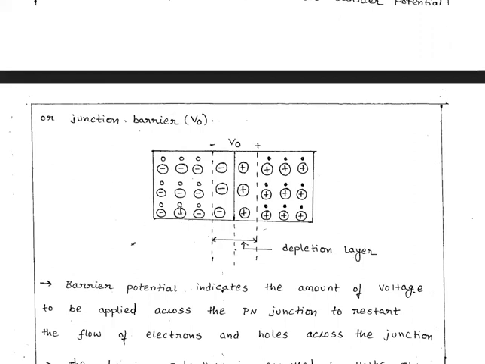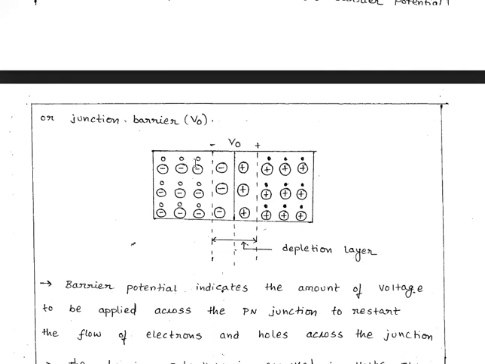If you can see, this is the p-type material which contains holes, and this is the n-type material which contains electrons. Due to diffusion at the center, the electrons from n-type material diffuse to p-type and the holes of p-type material diffuse to n-type. That's why they get neutralized.